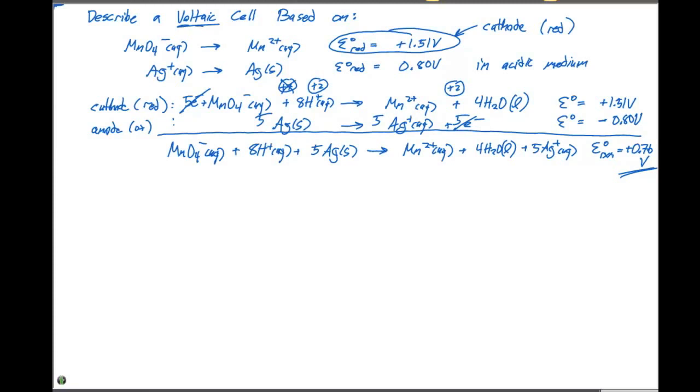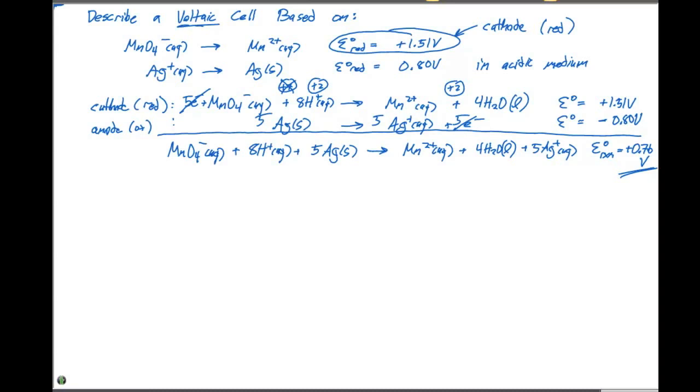So let me emphasize a few things in this particular reaction. If you look at the transition metals, we know that transition metals have varying oxidation states. We learned that back in the transition metal chapter. But the question is, when would a transition metal want to have a certain oxidation number?